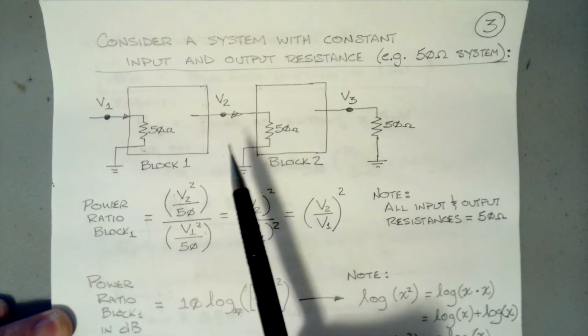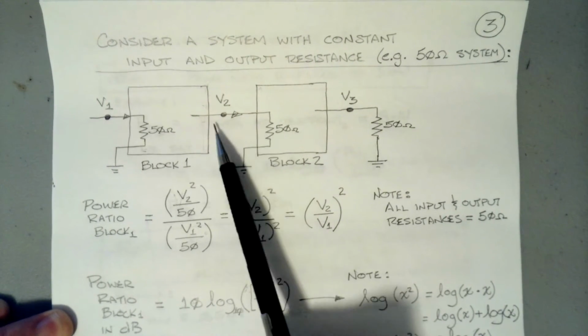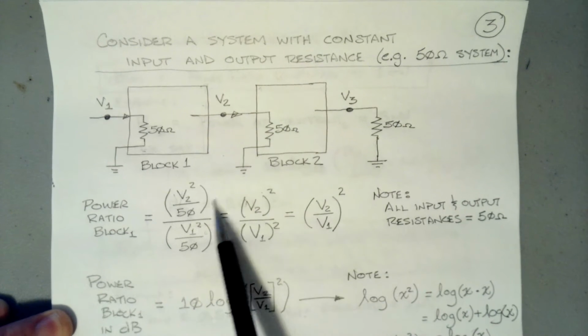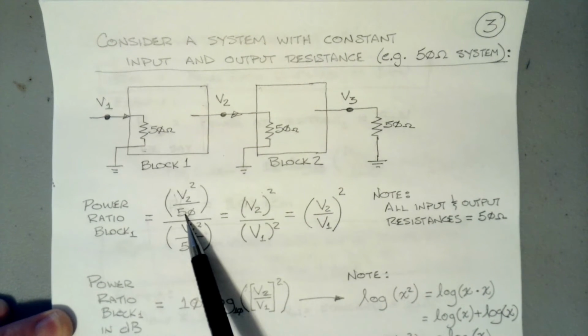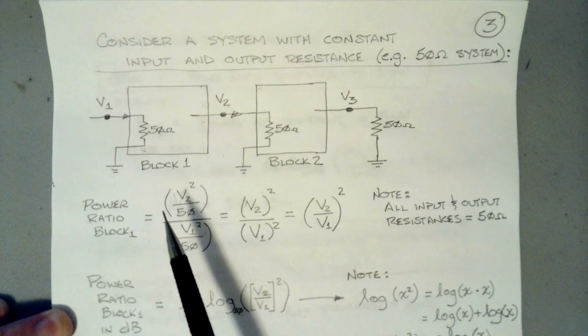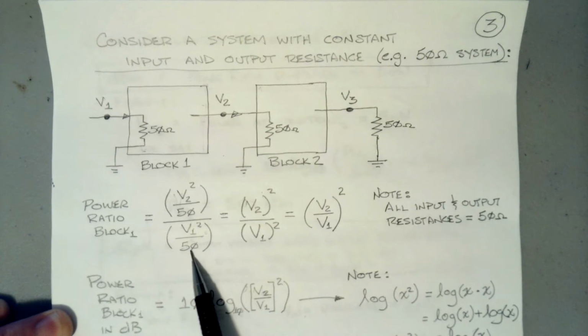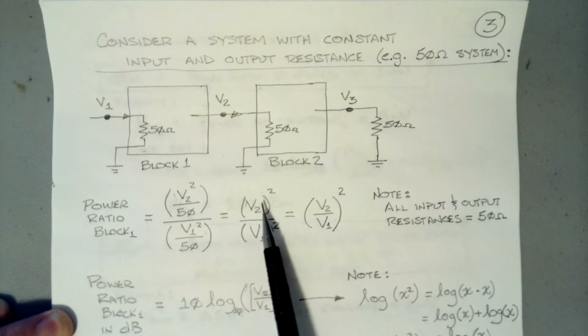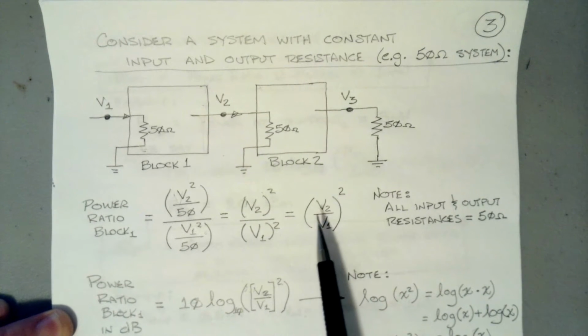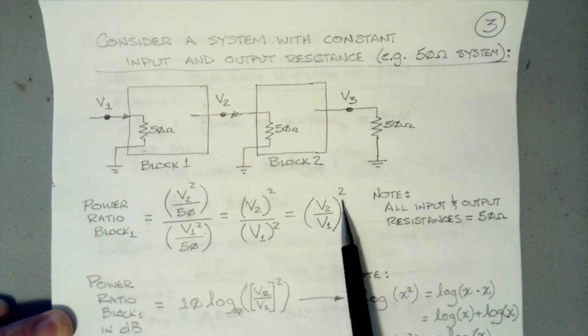So the power being delivered to this one is V2 squared over 50, V squared over R. The power going in here, P in, is V1 squared over 50. Now if I multiply the top and bottom by 50, I get V2 squared over V1 squared, and that is the same thing as V2 over V1, squared.